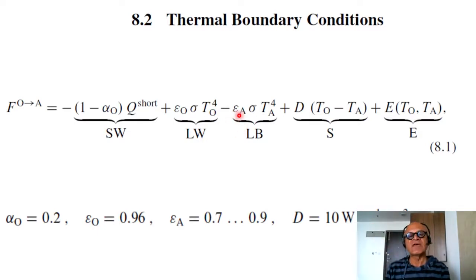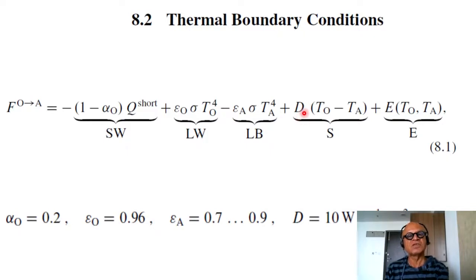So emissivity of the atmosphere, sigma T_a to the fourth, plus some sensible heat exchange, so the temperature difference between the ocean and the lower part of the atmosphere that's interacting with the ocean has a sensible heat dependent on the temperature difference and the coefficient D.